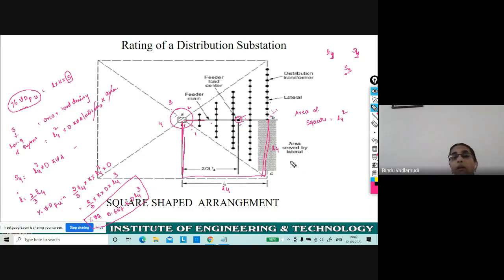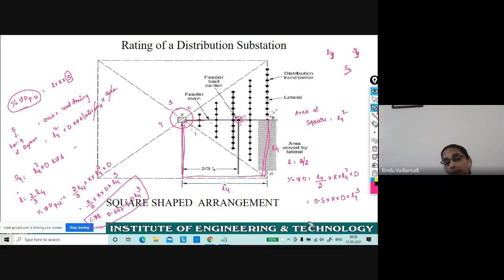Suppose the load is uniformly distributed, then L is equal to L4 by 2. Then what is the percentage voltage drop? Substituting, L4 by 2 into K into L4 square into D, that is 0.5 into K into D into L4 cube.